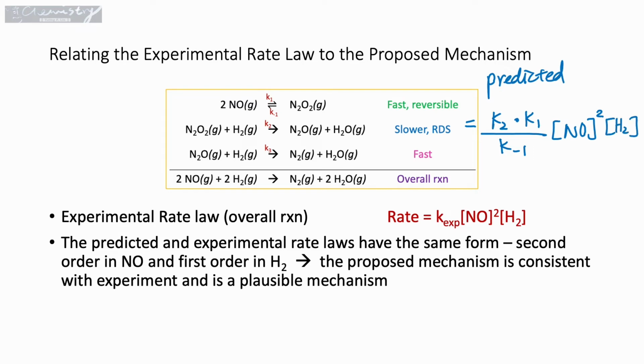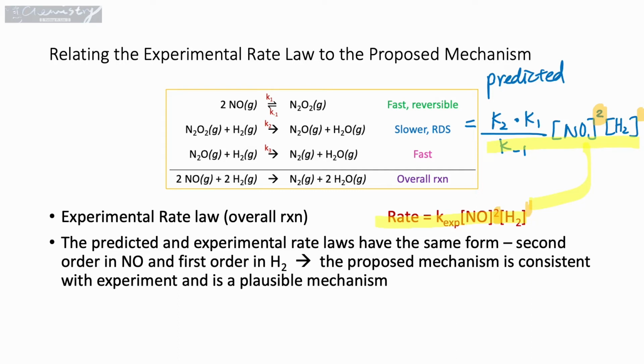And comparing these two, the predicted one from the mechanism and the one we got from the experiment, we can again see these two have the same form. They have a second order on NO and also a first order on H2.